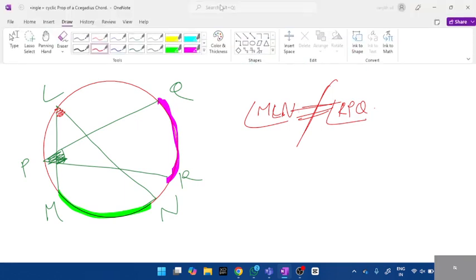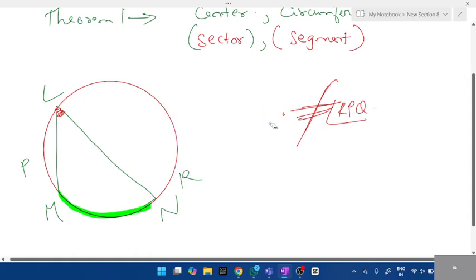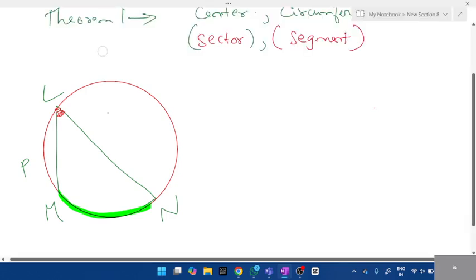This is the concept. If it's on the same arc, their values will be equal. If it's on a different arc, they are unequal. So you should know how to identify the chord, students. Chord and sector or segment. Sometimes the chord can be given like L, M, and N. Sometimes the chord will be very small, like this.